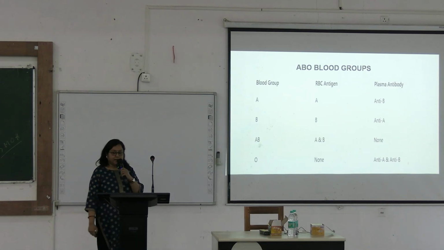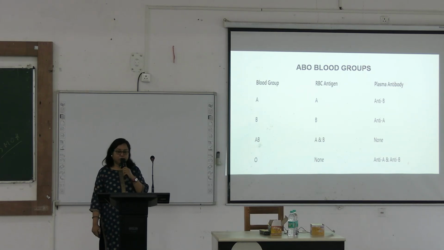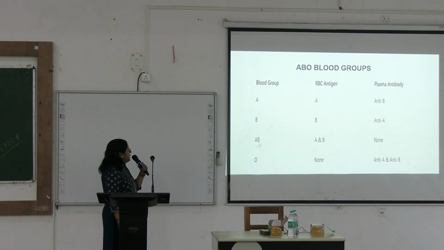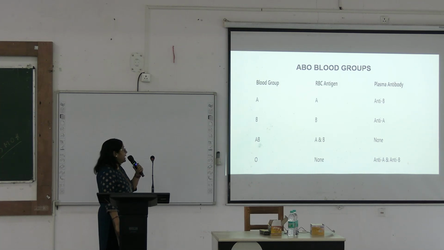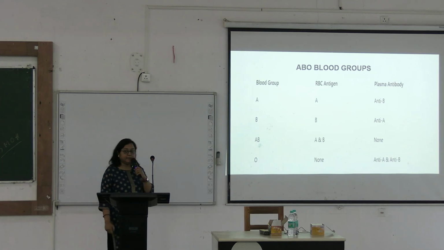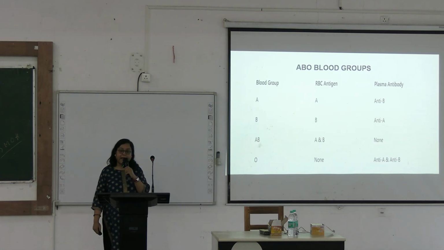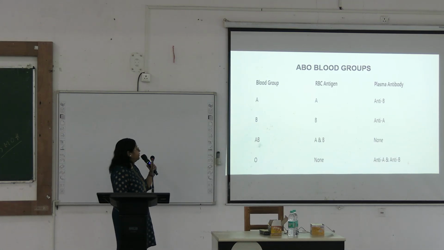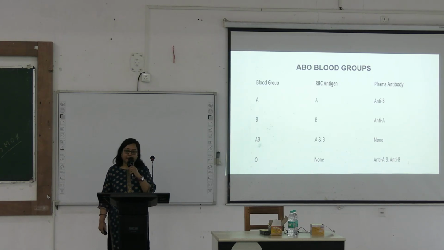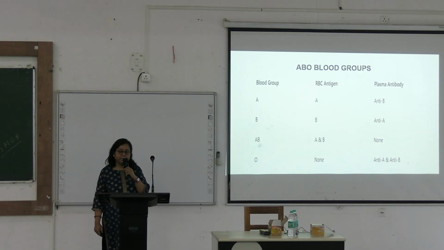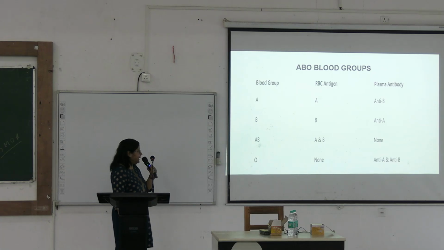So this is a chart. You should know this: if a patient has blood group A, the RBC antigen is A, but the corresponding plasma antibody is anti-B. Similarly, for blood group B, the antigen present on RBC is B and the corresponding plasma antibody is anti-A.